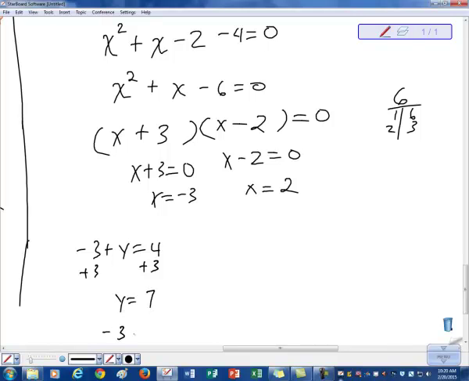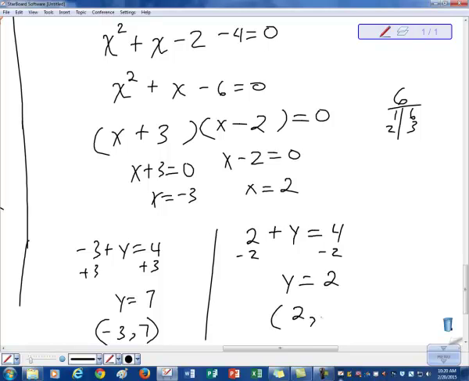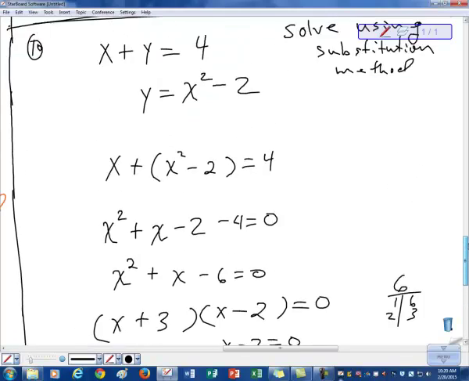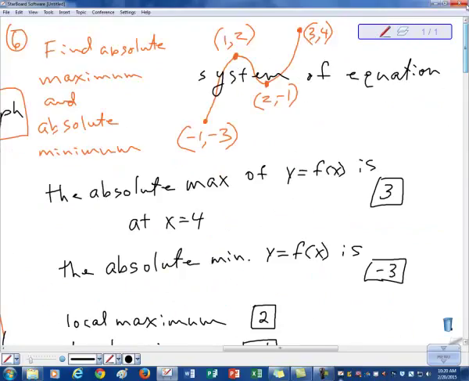So this would be x is negative 3, y is 7. And then here for x equals 2, put 2 in there for x, plus y equals 4. Isolate the y, and we get y equals 2. So this would be x is 2, y is 2. And so we have two solutions here. Okay, that's problem 10.